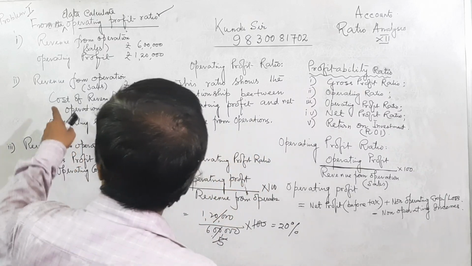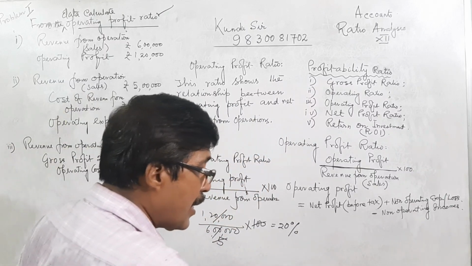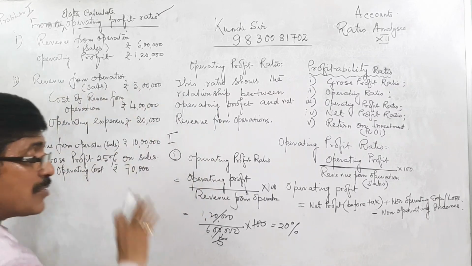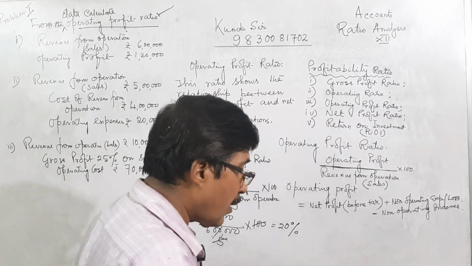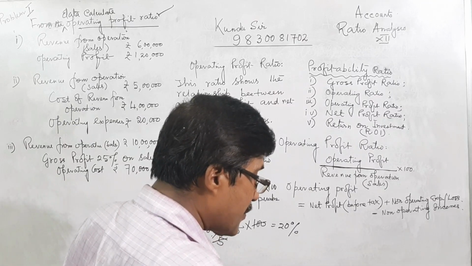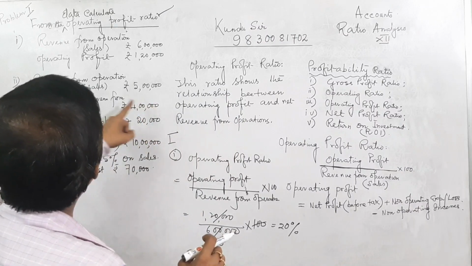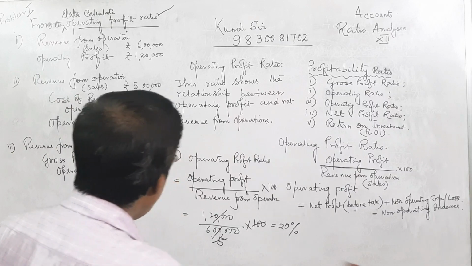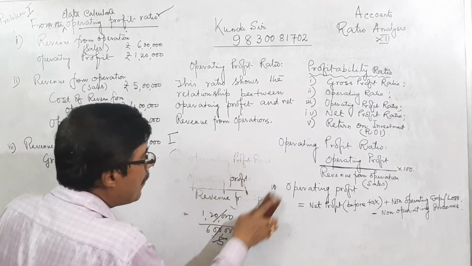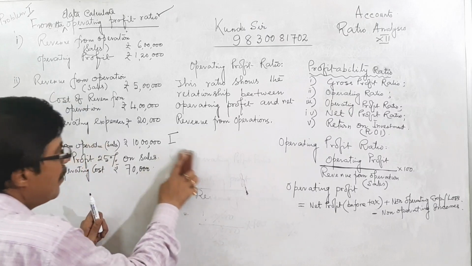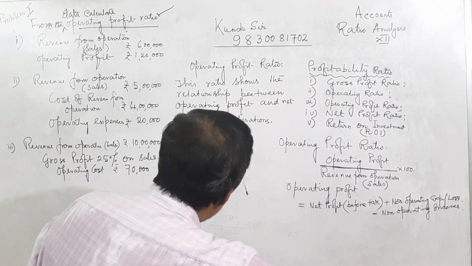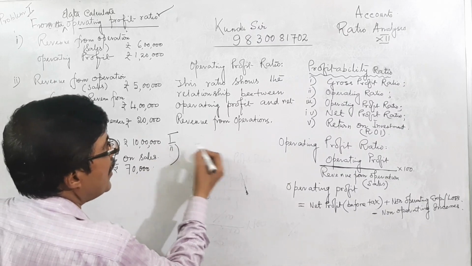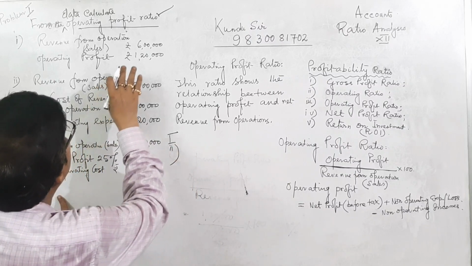Revenue from operation is 5 lakh, then cost of revenue from operation is 4 lakhs, and operating expenses. So I am now doing the problem Roman number 2. This formula is already mentioned.